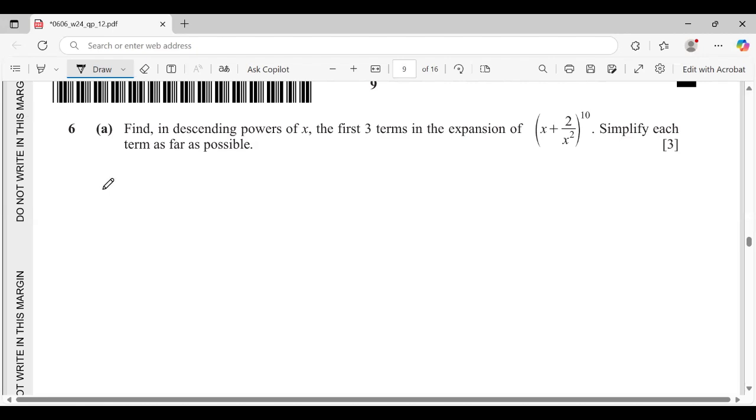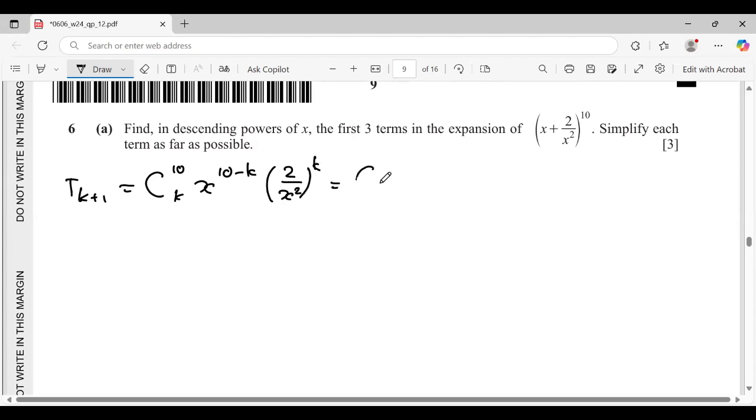The general term of the binomial expansion of (a plus b) to the power n, for this case, I would like to write like this: T(k+1) equals combination 10 k times x to the power 10 minus k times (2 over x squared) to the power k.